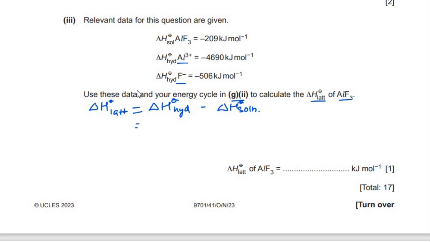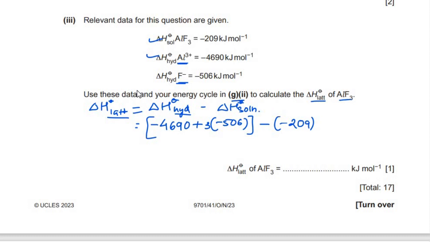So enthalpy change of hydration, I'll directly substitute here minus 4690 kilojoules for aluminium. But for fluoride ion, we have to multiply it by 3. So 3 into minus 506 kilojoules per mole. Now this is enthalpy change of hydration of both the ions minus enthalpy change of solution of aluminium fluoride, that is minus 209, and so this is how we get the enthalpy change of lattice.